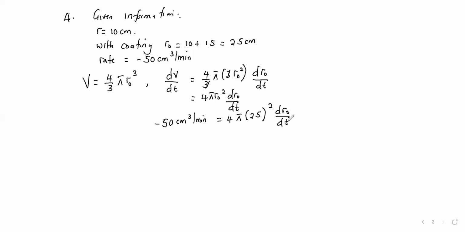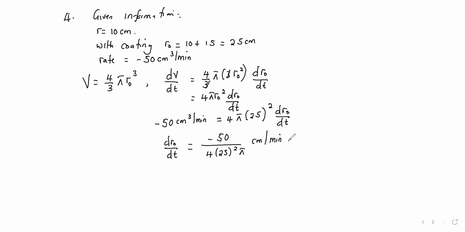And then we're looking for dR naught/dt, which is equal to minus 50 over 4 times 25 squared pi centimeters per minute. That would be the rate at which the thickness of ice is decreasing.